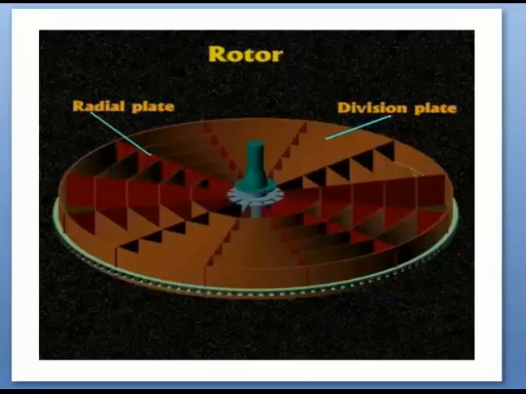Now we will see the constructional detail of the rotor. This is the trunnion pin. The total rotor is divided by radial plates. These are the radial plates, like this. Similarly here.